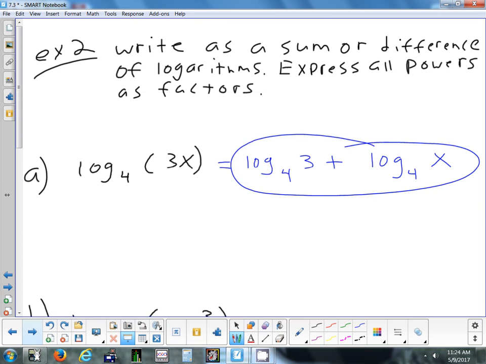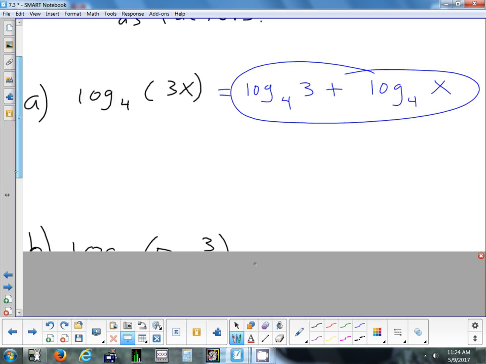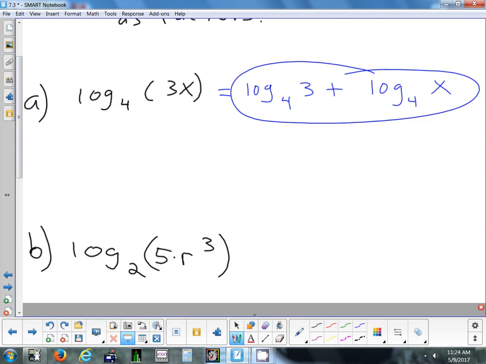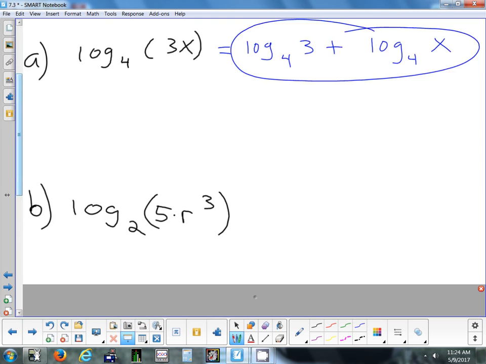Okay, let's try one that has another rule in it. Log base 2 of 5 times r cubed. Okay, so Dave, inside the parentheses, do we have multiplication or division? Multiplication. Yeah, overall it's multiplication. It's something times something. Forget what the 2 somethings are.